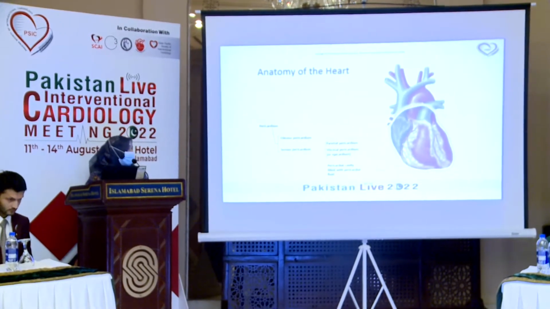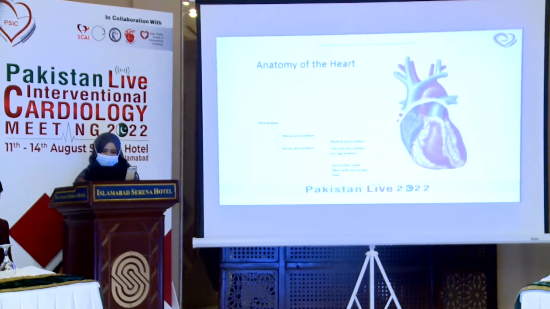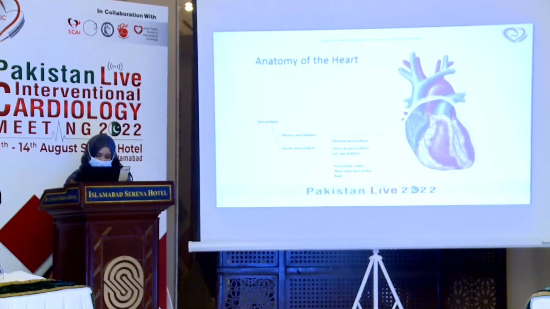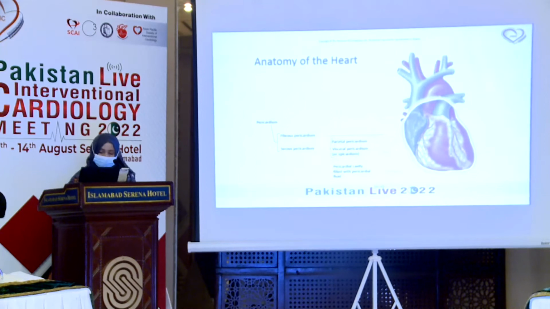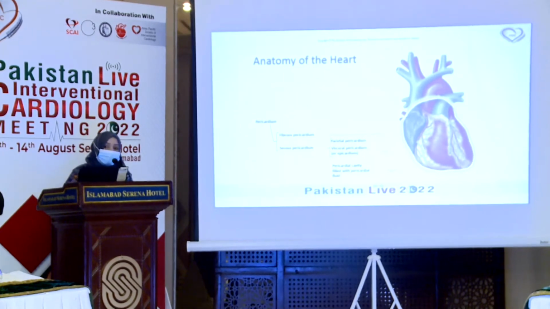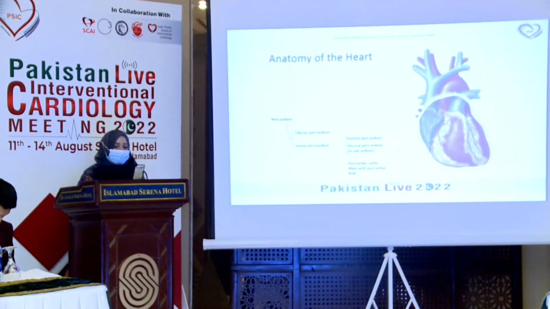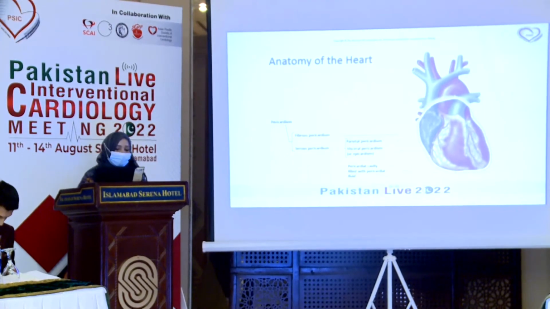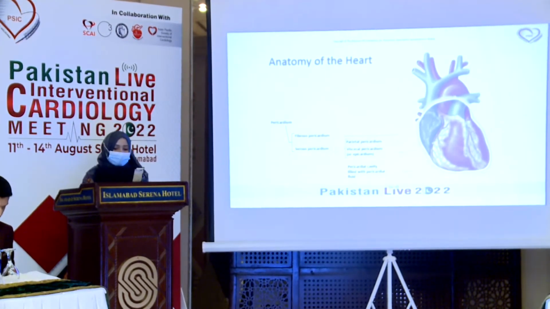Here we see the anatomy of the heart. The pericardium is the outer covering of the heart, made up of two layers, the parietal pericardium and the visceral pericardium, with the pericardial cavity between them filled with pericardial fluid. The outer parietal pericardium is a strong protective sac for the heart and anchors the heart to the mid-sternum.